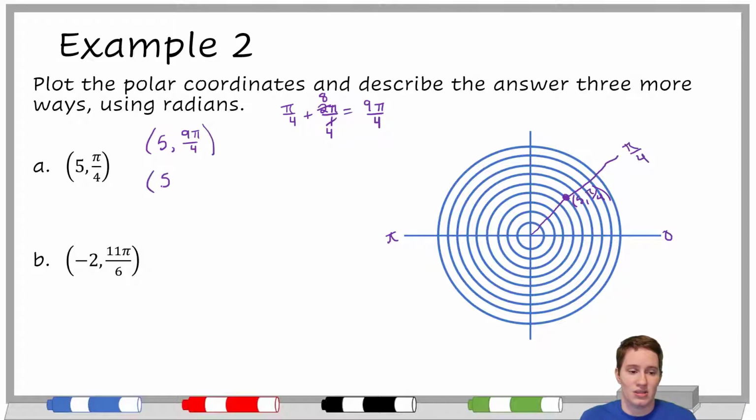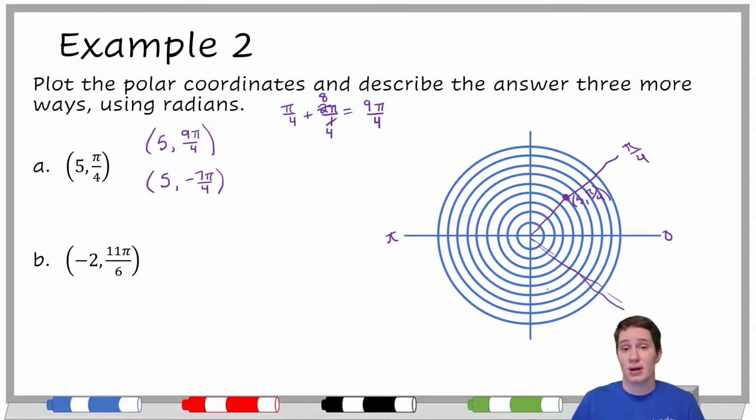Kind of the other standard thing that I would do is say, well, what's the negative angle to get to pi over 4? Because if you have your unit circle, whatever angle you're looking at, the negative angle that goes with that is the one that's symmetrically below the x-axis. So in this case, that would be 7 pi over 4. So we could do 5 comma negative 7 pi over 4.